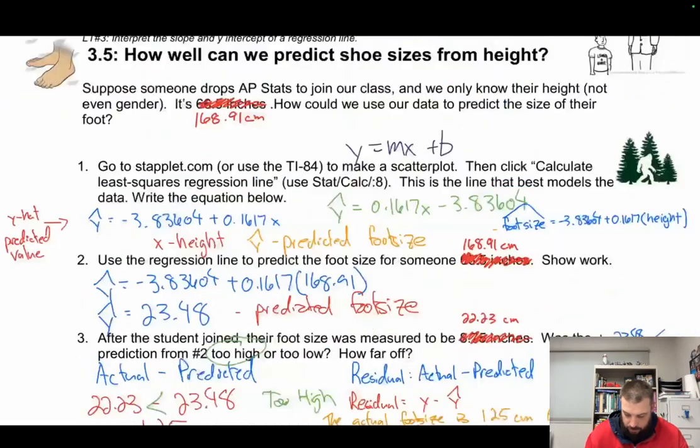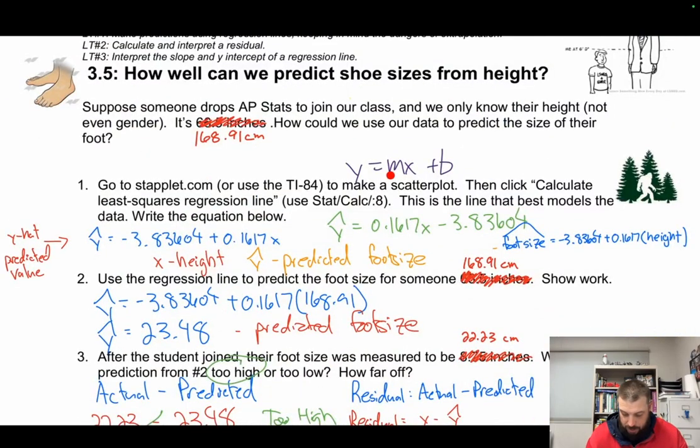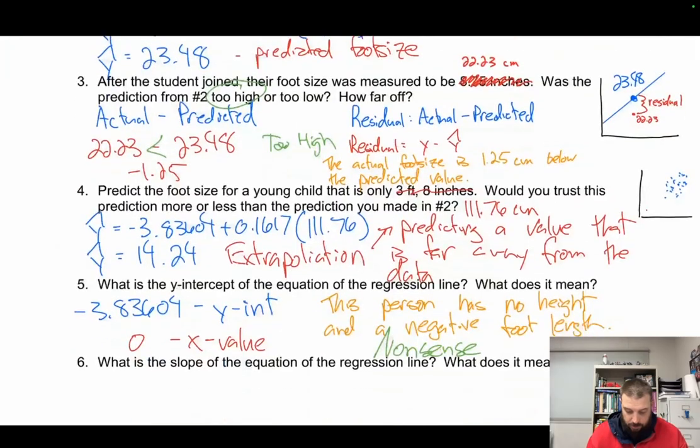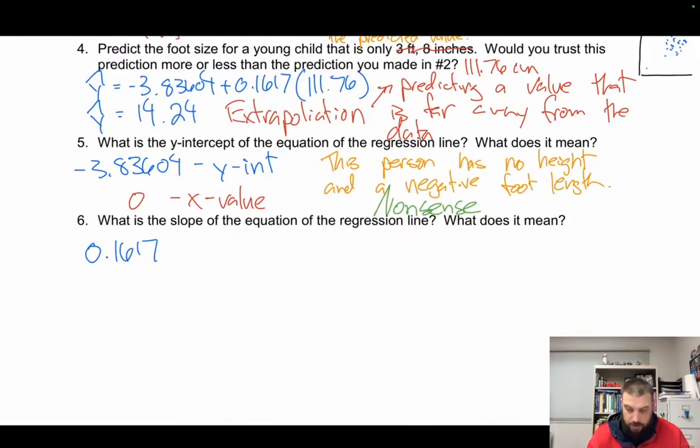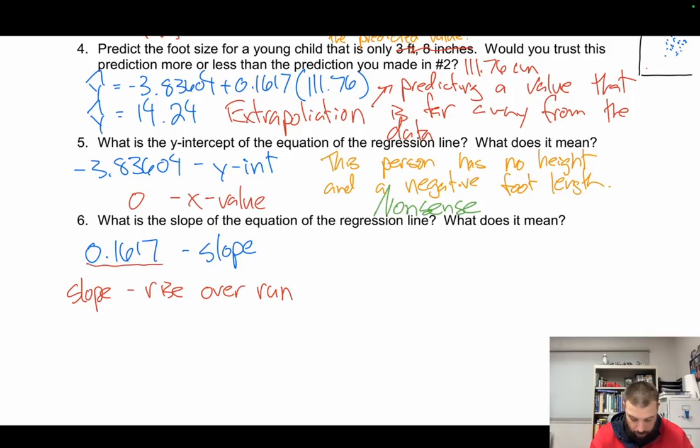All right, and then last one is our slope. So again, going back up to our y equals mx plus b, m is our slope, so that is our slope there. 0.1617 is our slope. Another way to talk about slope is this idea of rise over run. So our rise is that 0.1617, and our run is just 1.